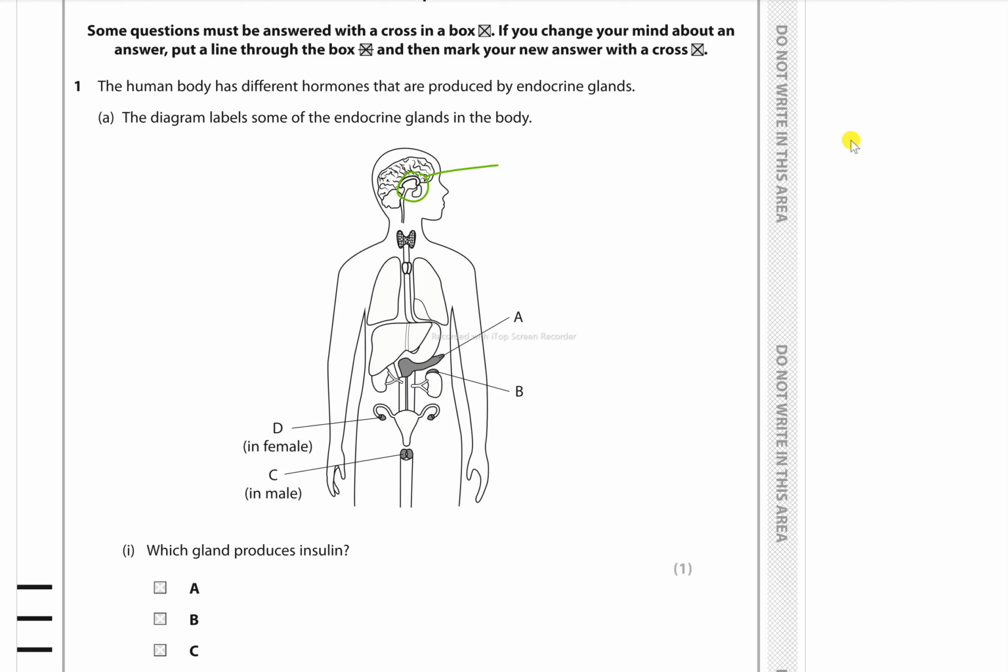Right, so we have here the pituitary gland, that produces, for now, antidiuretic hormone. This is called the thyroid gland.